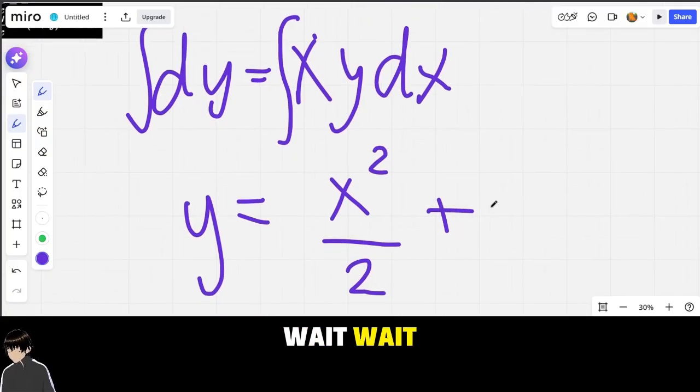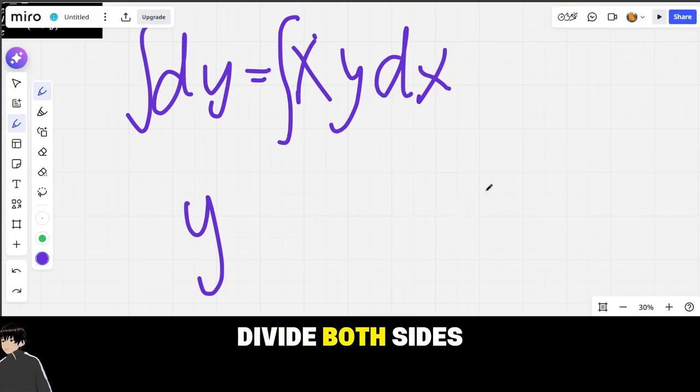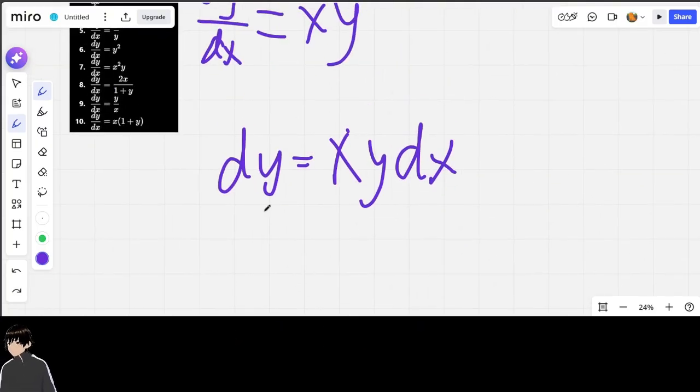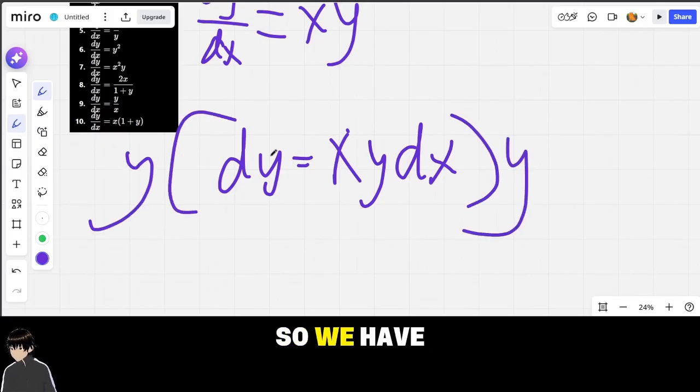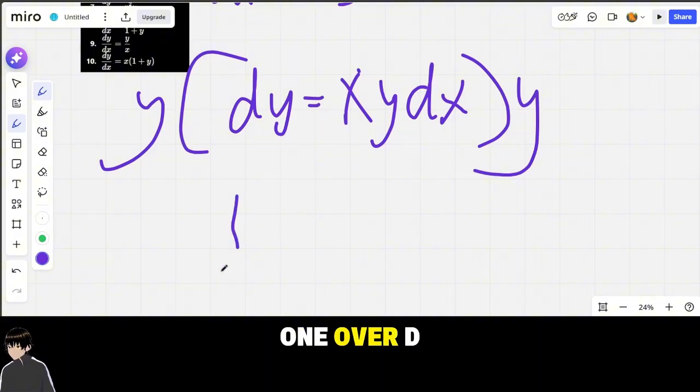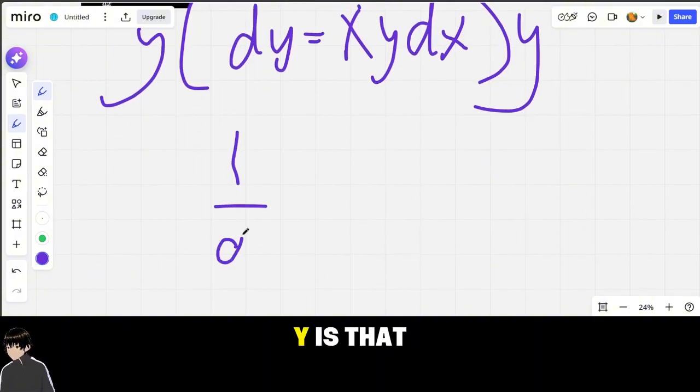Let me just make sure I'm doing this right. Ah, I see. So I was right. I have to divide both sides by y first before you start doing anything. So we have 1 over dy. Is that it? I believe that's it.